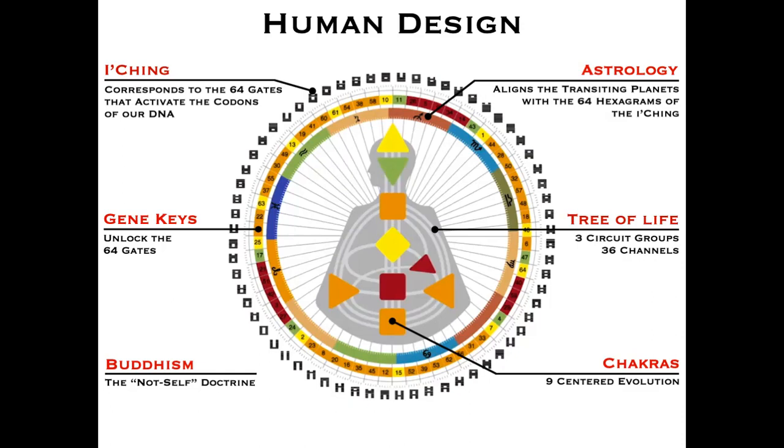Now, on top of all of that, we're also working with Buddhism, one of the oldest written Buddhist texts, the Pali Canon. There's a teaching called the Anatta, and that is the not self doctrine. And that's also woven into human design. Each of the aura types has a not self theme, each of the centers.